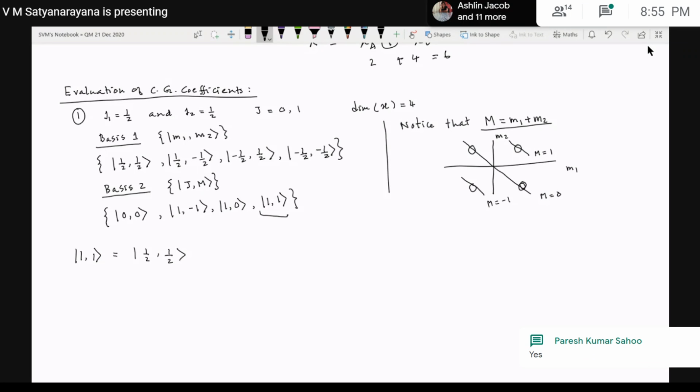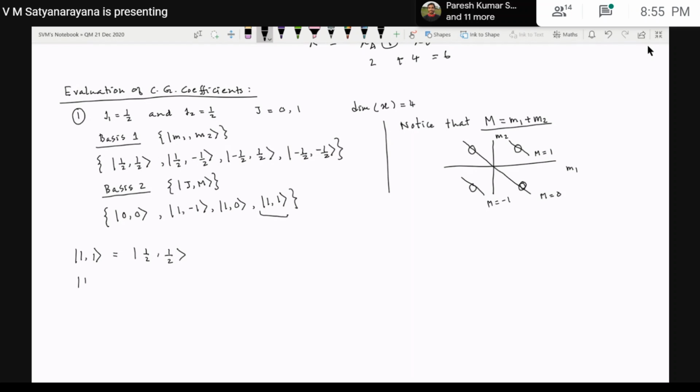That's all. That means the coefficient corresponding to this is 1 and all other coefficients are 0. You can see there is a simplification because of this feature that capital M should be equal to M1 plus M2.